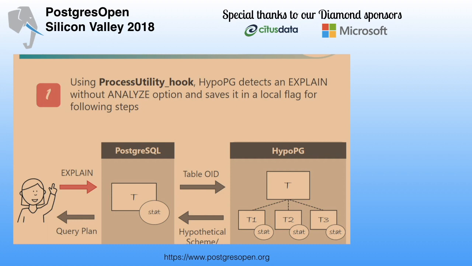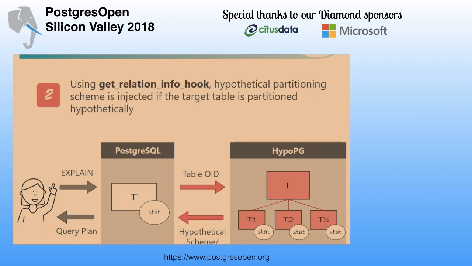By doing this, partitioning schemes are displayed only when typing explain. Next, when Postgres gets relation information from the catalogs, hypothetical partitioning schemes are injected into the planner according to the table OID, if the target table is partitioned hypothetically, by using the get_relation_info hook.